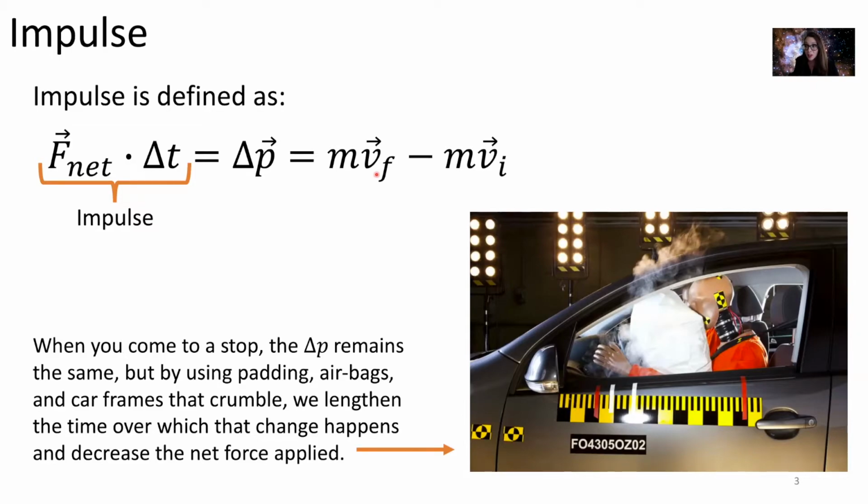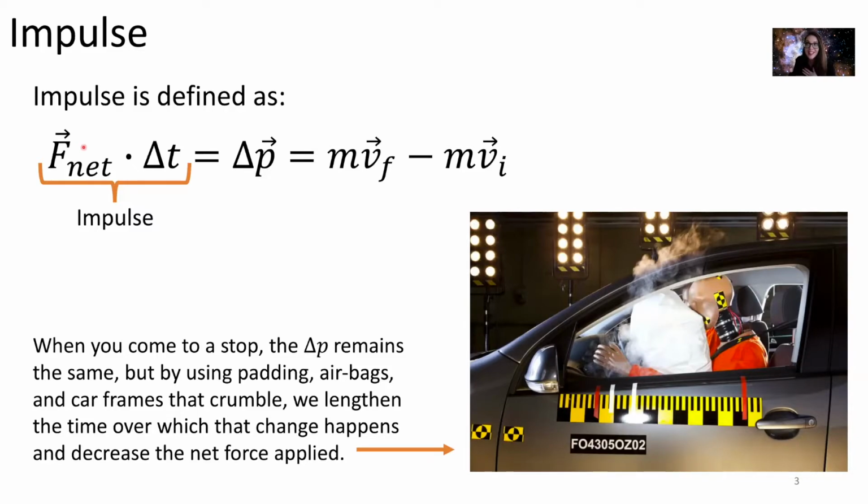When that airbag deploys, you can lengthen the duration of your body coming forward and slamming into that steering wheel, but the change in momentum has to be the same. So if you lengthen that time, then you can reduce the force on your body during that collision experience.